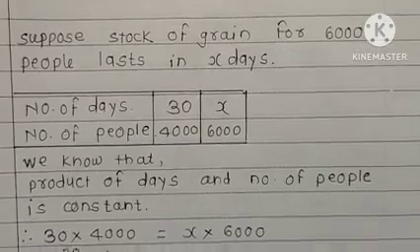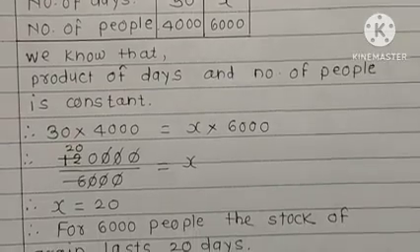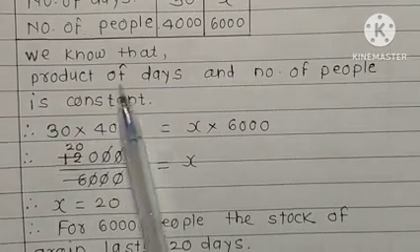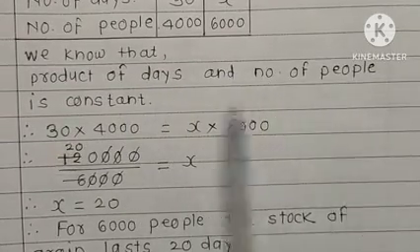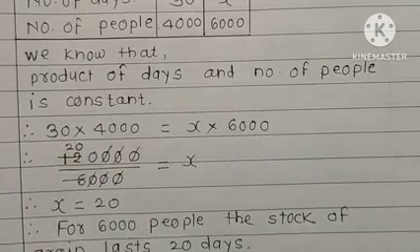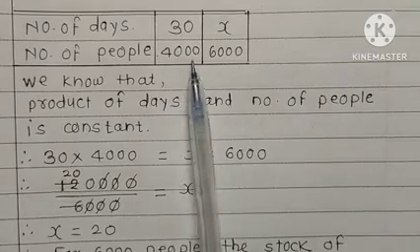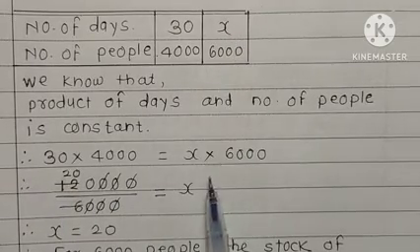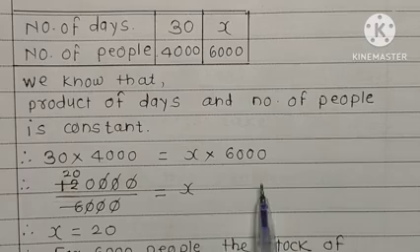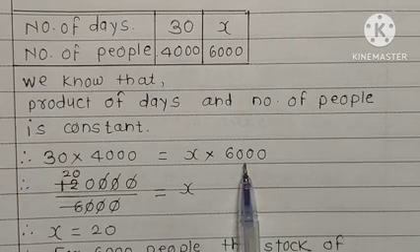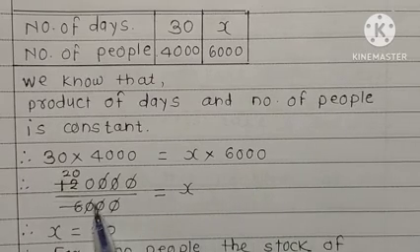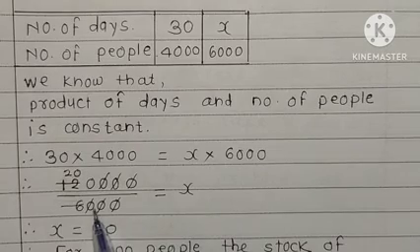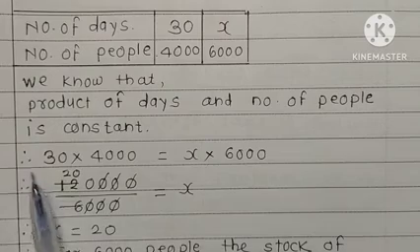So write in this way. We know that the product of days and number of people is constant. Then 30 into 4,000 is equal to x into 6,000. Okay. So taking this 6,000 in the denominator, you will get x.